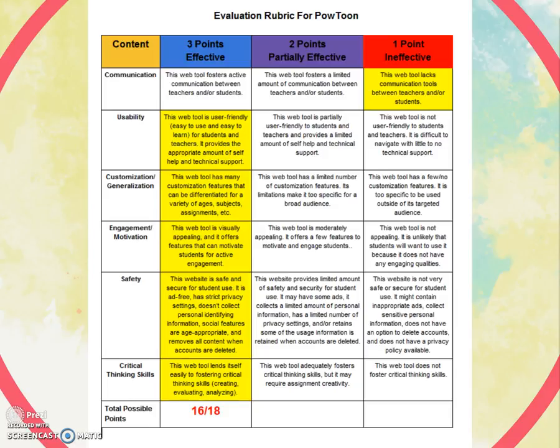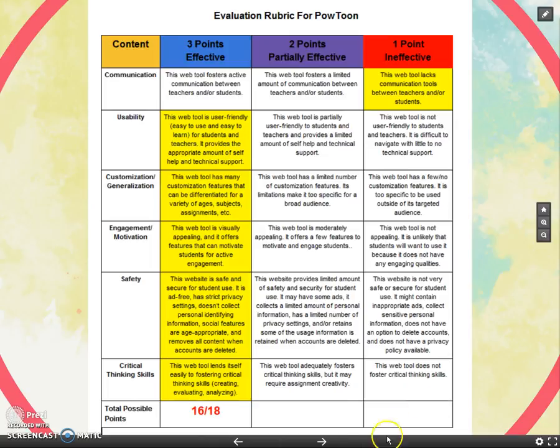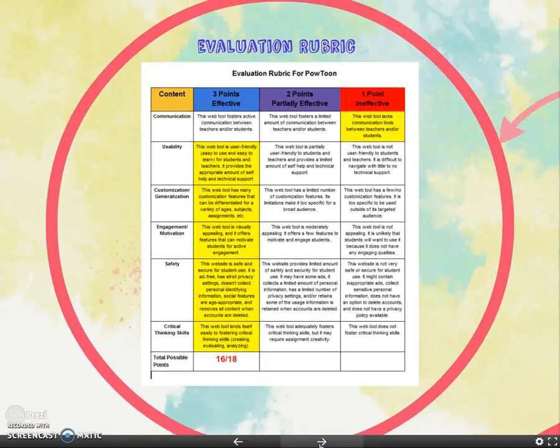No specific names, no specific numbers, no data attached. And then of course critical thinking skills. Students are actually having to manipulate their slides, they're having to create and evaluate and analyze as they go. So in all, PowToon scored 16 out of 18 points.